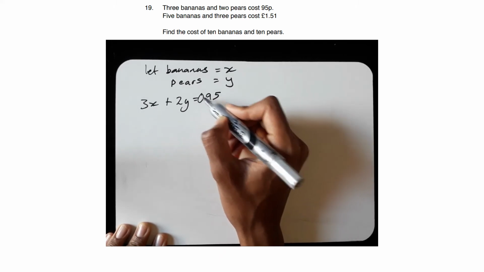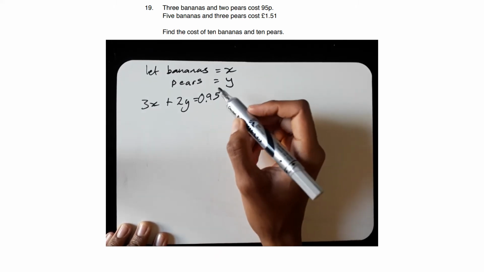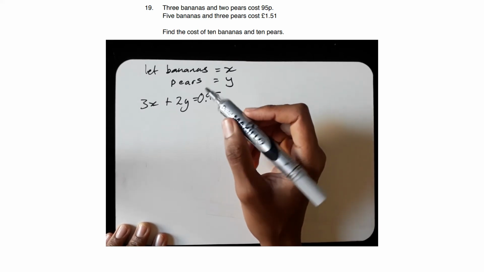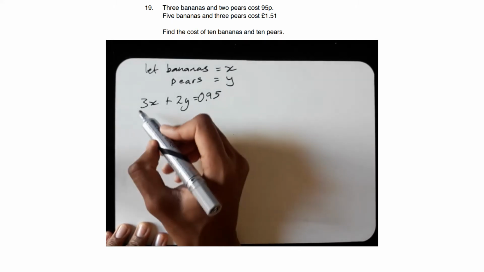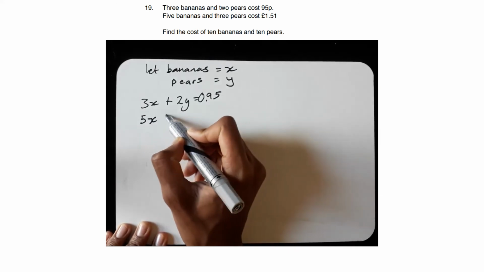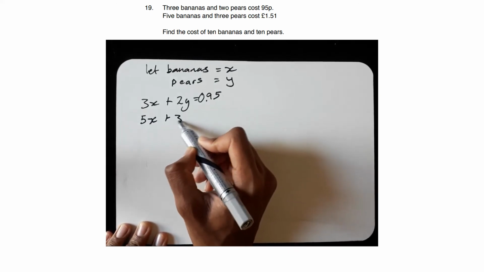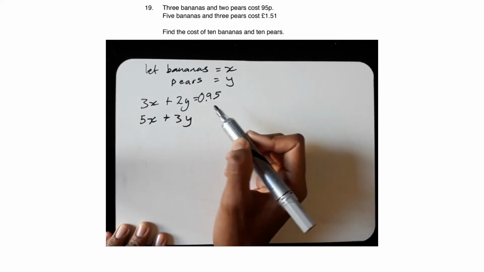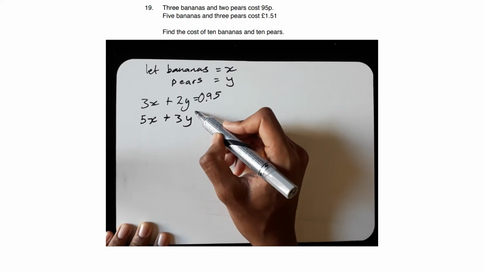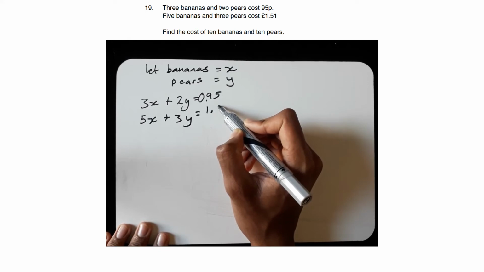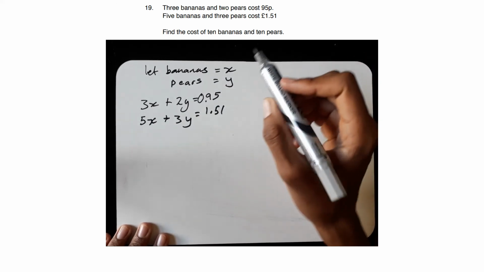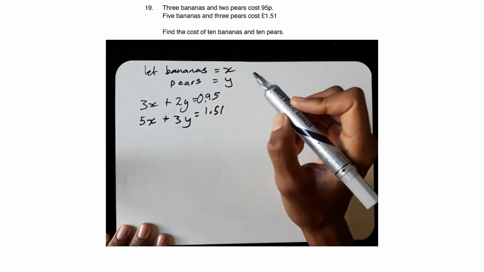Well, to make this easier, let's say 0.95. And then 5 bananas, so 5x plus 3y will give us £1.51.